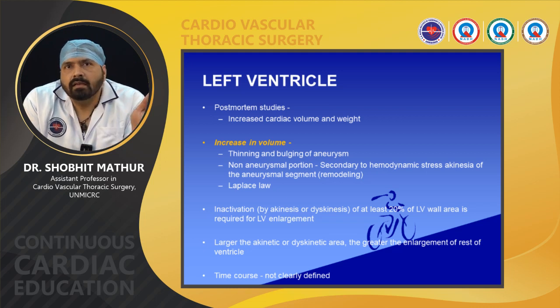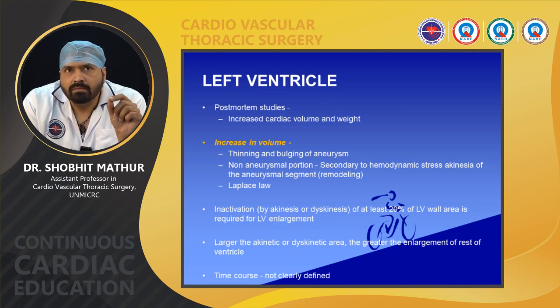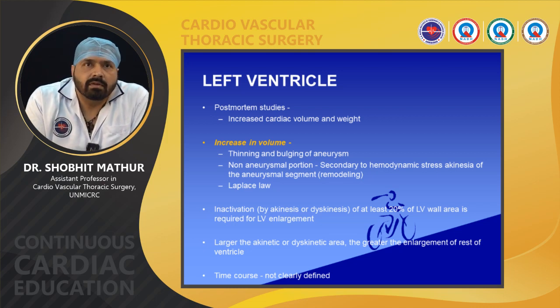The larger the akinetic area, the greater the enlargement of the rest of the ventricle. The time course it takes is not clearly defined. So the thing to understand is that in a case of LV aneurysm, there will be an increase in volume of both the aneurysm, due to the aneurysmal dilatation, and the normal LV.